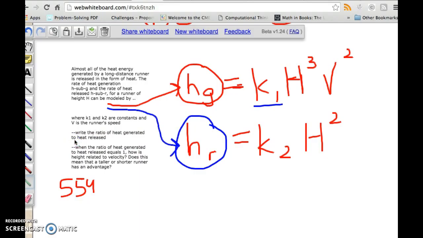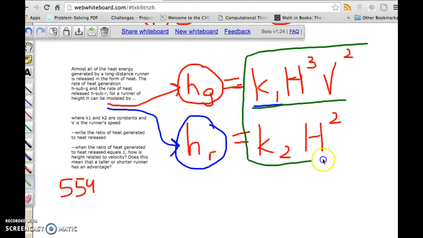You just take the two formulas they gave you and write it as a fraction, and that's your answer for 50. Although, I suppose we should write it in simplest form. These are two different constants, so I'm not going to mess around with k, but h cubed over h squared becomes just h on top. So I would simplify that if I had more time.